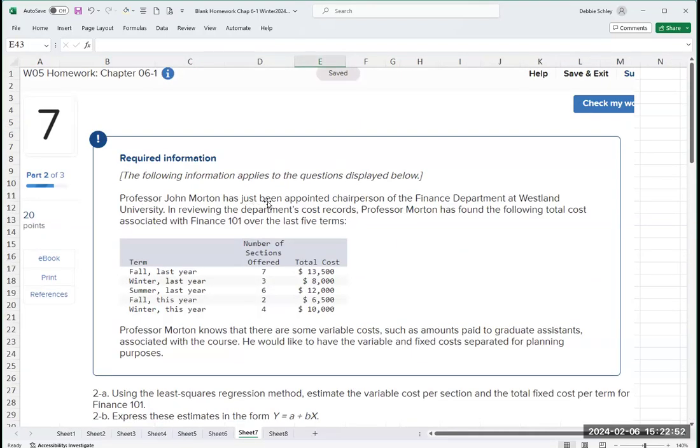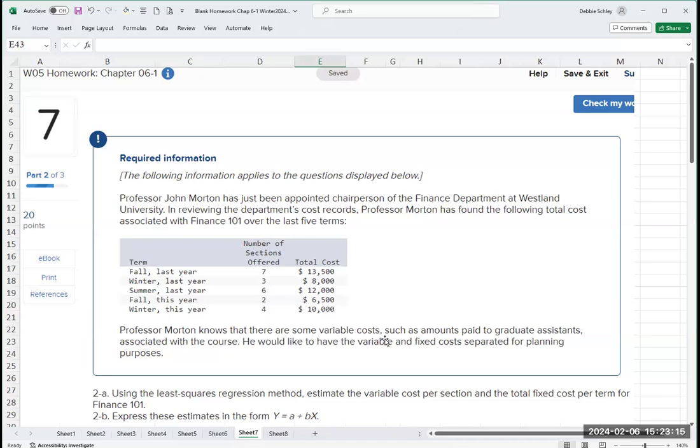Professor John Morton has just been appointed chairperson of the financial department at Wesleyan University. In reviewing the department's cost records, Professor Morton has found the following total cost associated with Finance 101 over the last 5 terms. So we have the different terms, the number of sections that were offered, and the total cost.